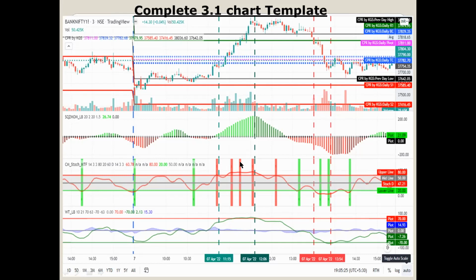It is giving us an opposite signal, but the wave trend oscillator is giving a double confirmation. We can hold the trade at least until here. Okay, so this is basically how we make our study. So that is all about chart 3.1.